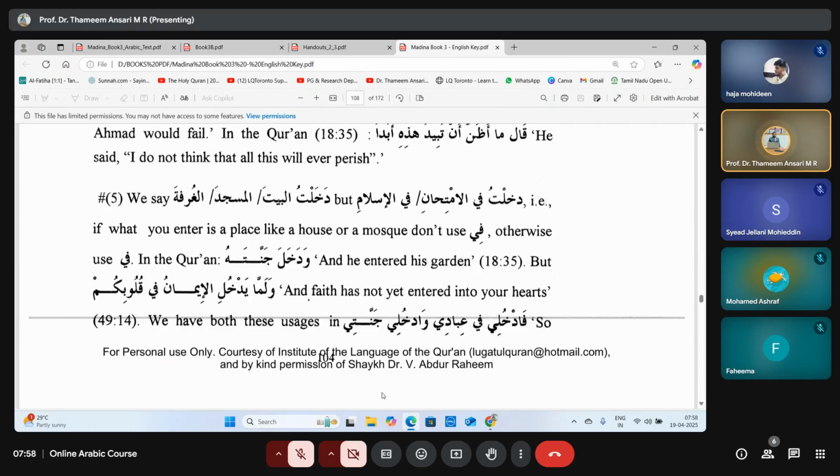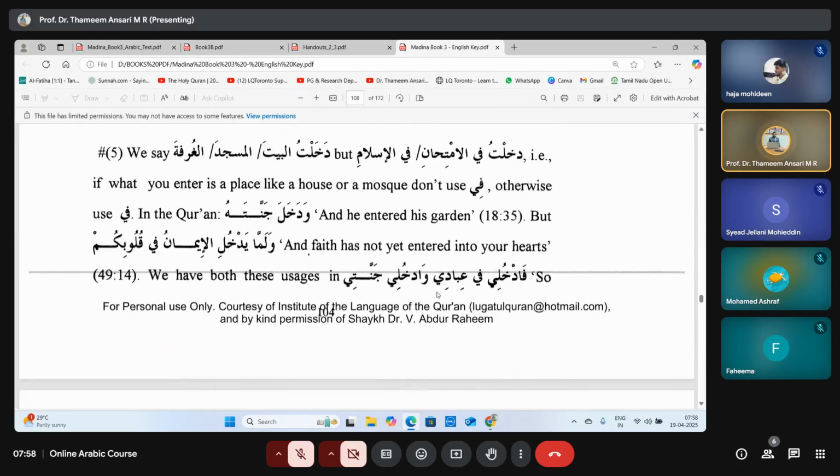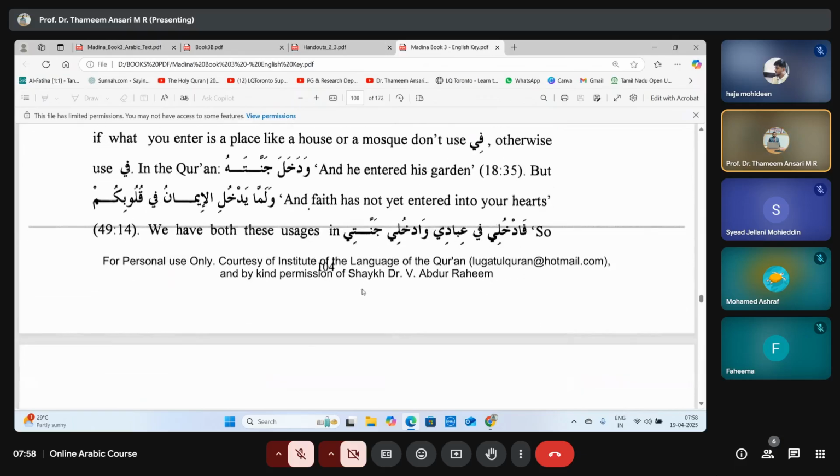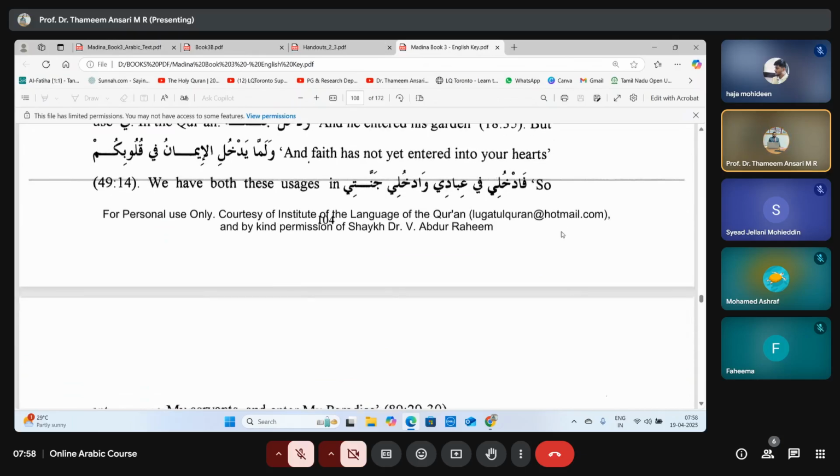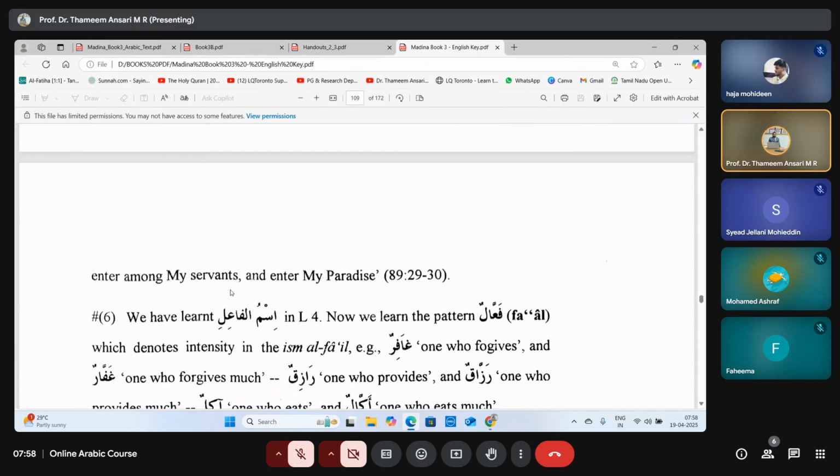We have both these usages in fadkhuli fi ibadi wadkhuli jannati. Please check here the first verb, dakhala yadkhulu, we have fi, and after wadkhuli jannati we don't have fi. So this has been explained by Dr. Fasal here. Just check. So enter among my servants and enter my paradise.